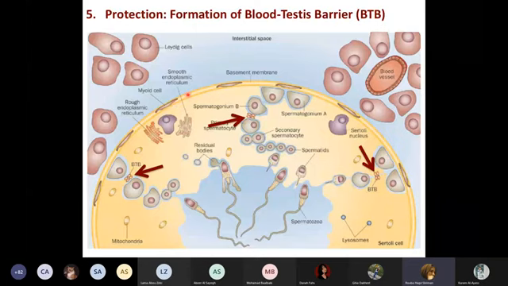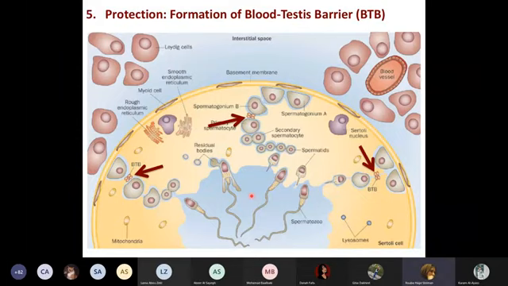There are the fibroblasts, there are the collagen fibers, the Leydig cells, and the blood vessels. All of these are part of this basal compartment or basal part, in addition, of course, to the Sertoli cells and the germ cells. And in the lumen, you have all the cells that are undergoing cytodifferentiation to reach the formation of the sperm cell.